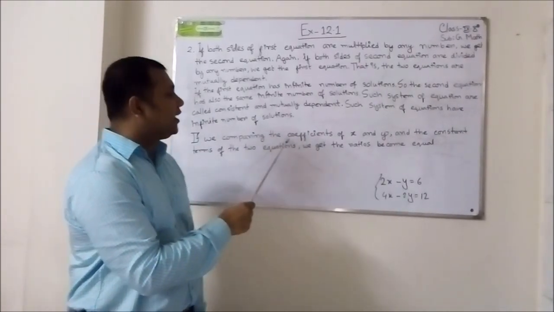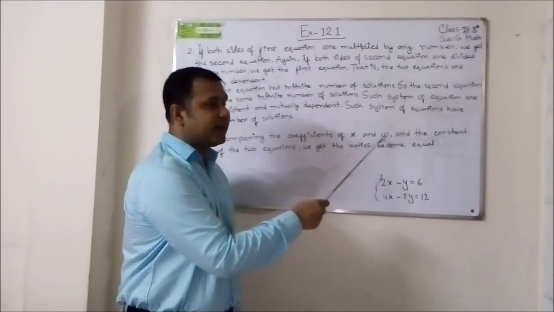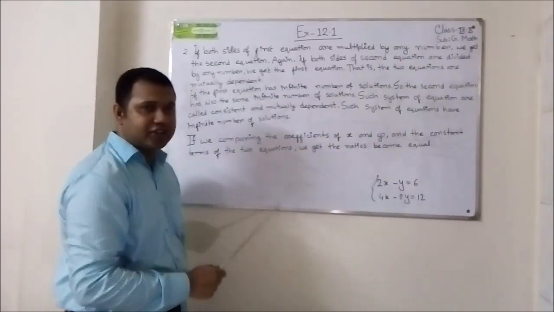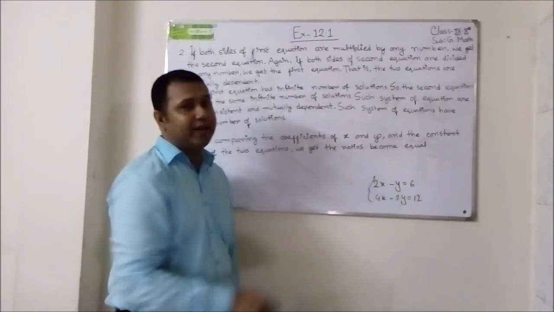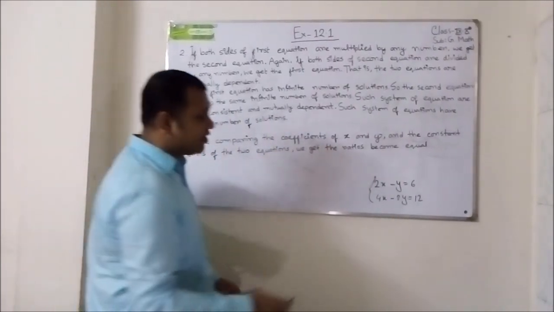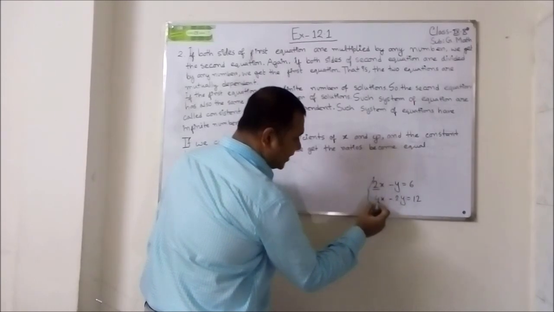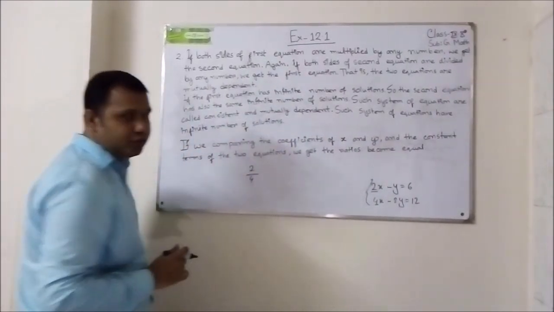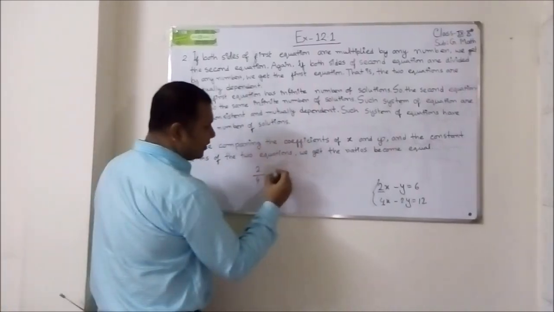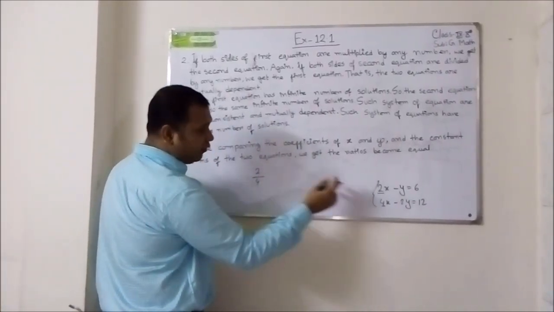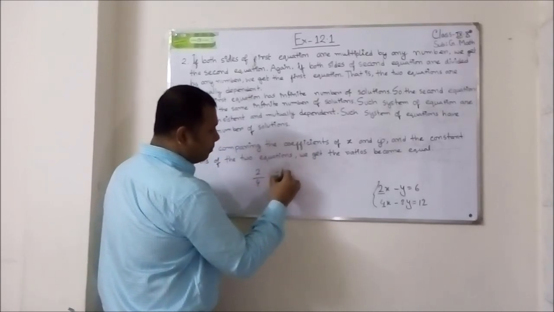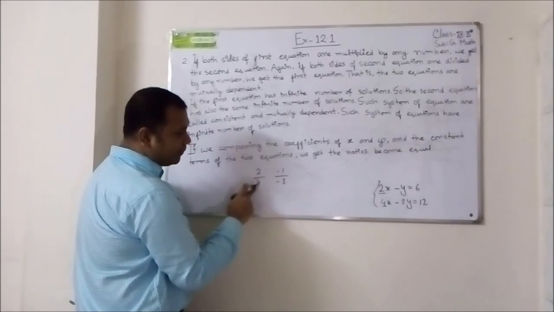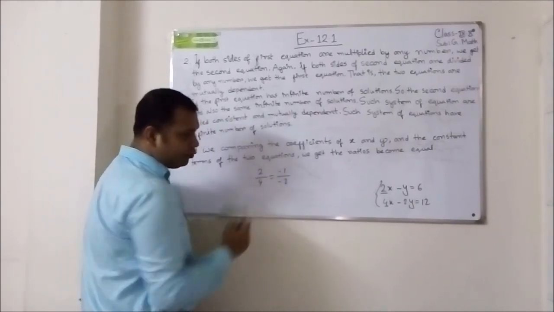If we compare the coefficients of x and y and the constant terms of the two equations, we get equal ratios. The ratio of the coefficients of x is 2 by 4, and the ratio of the coefficients of y is minus 1 by minus 2. Both are 1 by 2, so they are equal.